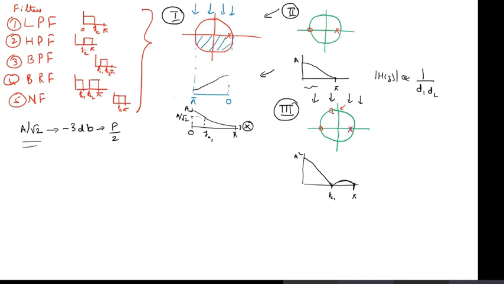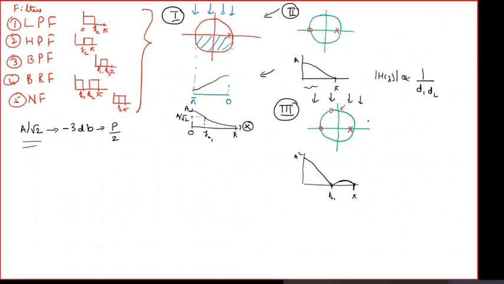Further, it depends. If you place another pole over here, you may have to place the 0 on the pi by 2 also, or maybe in some cases you may have to place a 0 before pi by 2. It depends. You have to calculate.